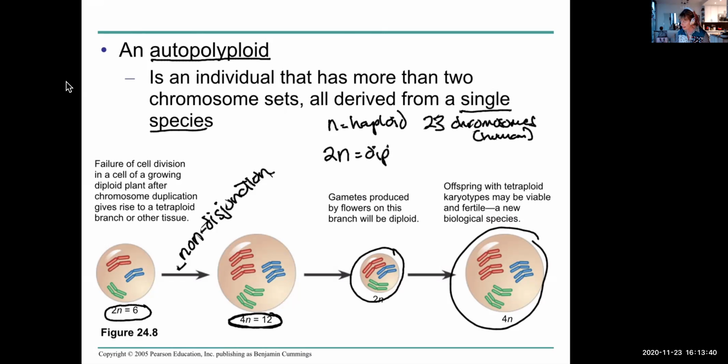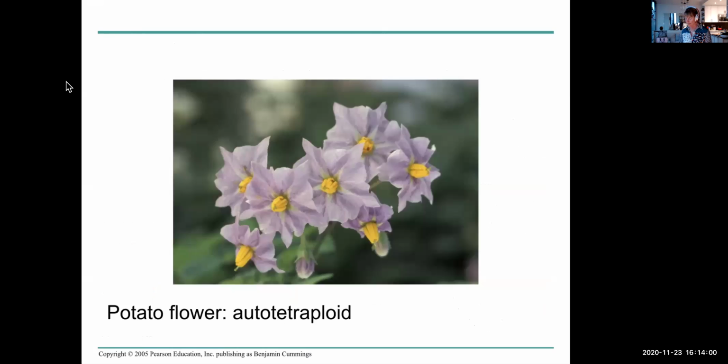That's a diploid. And for us, that's 46 chromosomes for humans. And 4N is having 4 sets of homologous chromosomes. That's an autopolyploid, same species. The potato flower, for example, is an autotetraploid.